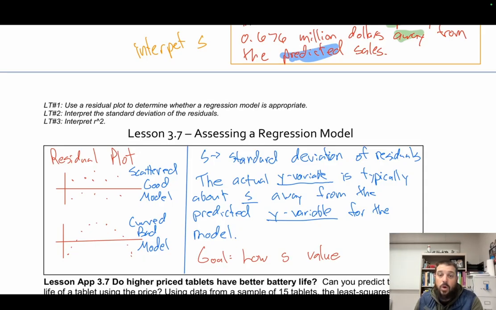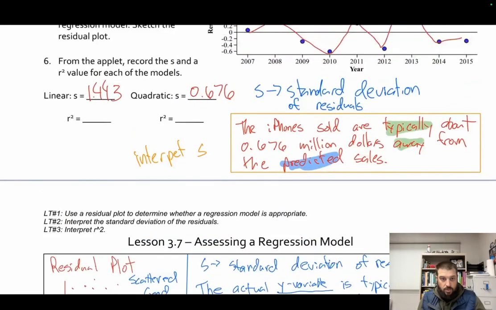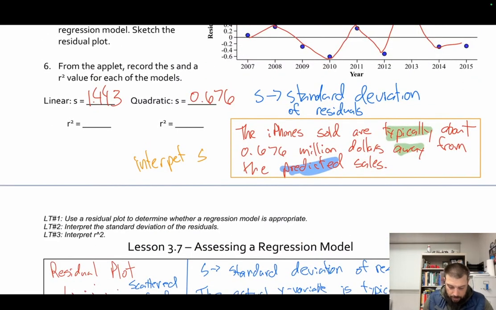Okay, and the goal always is to have a lower S value. Nice thing with Statplet, you can play around looking at the linear and compare it exactly to a quadratic or exponential and see how that all fits. And then real quick, going back up to here, we have r squared.